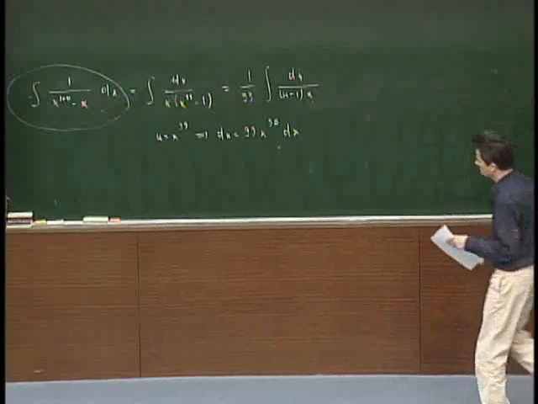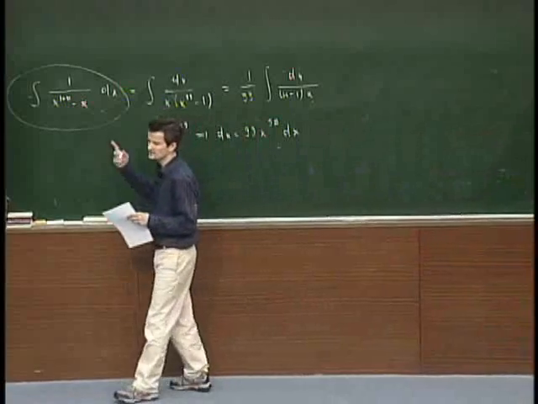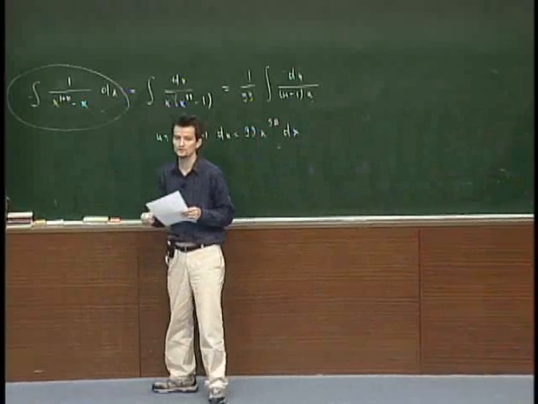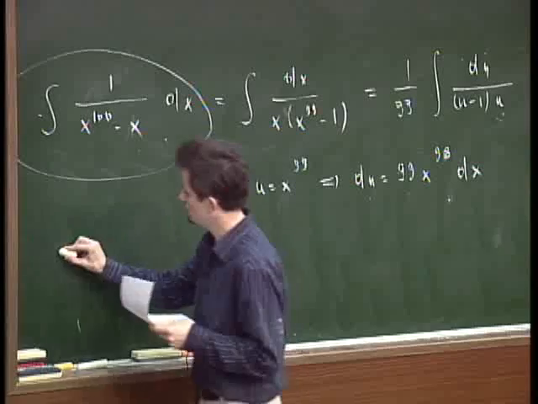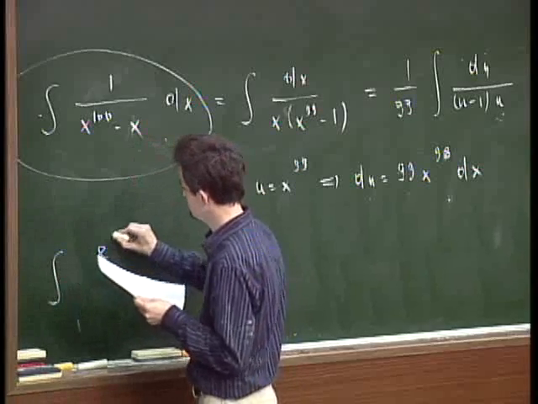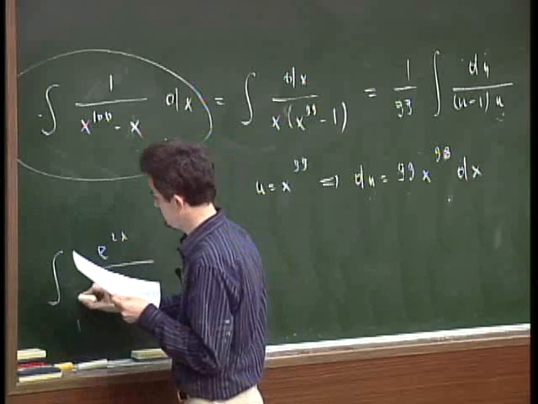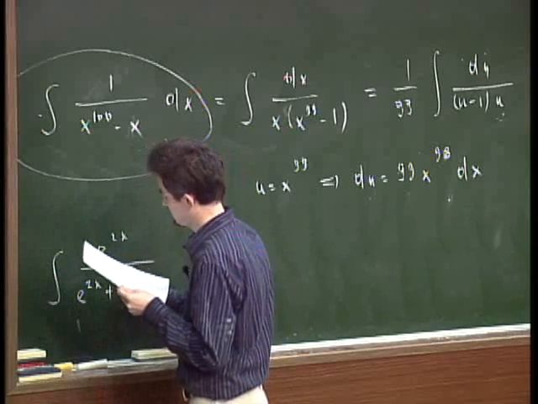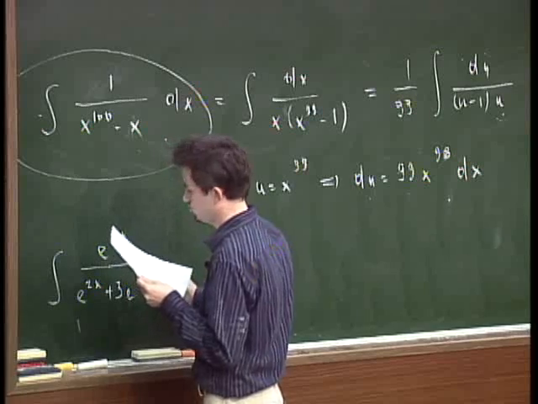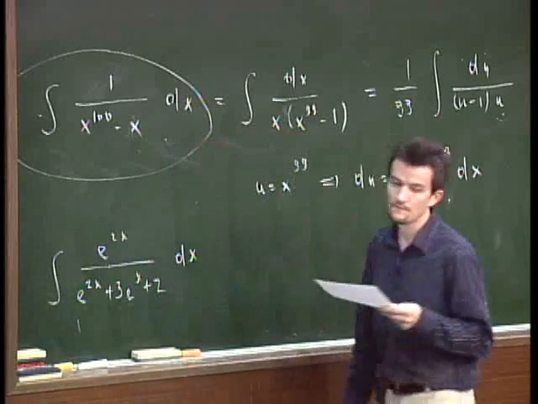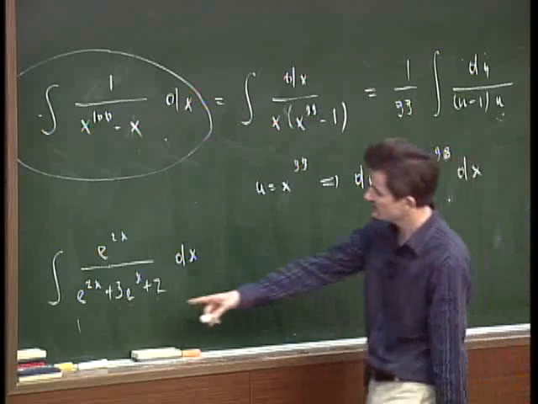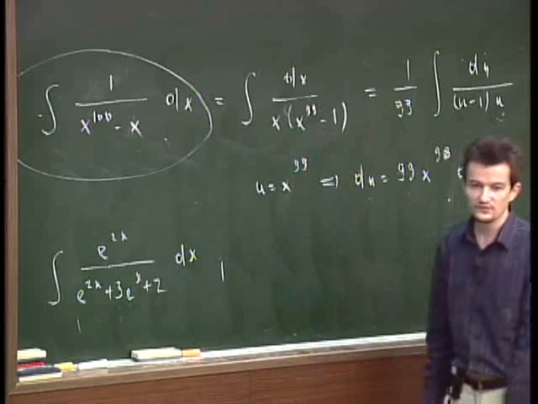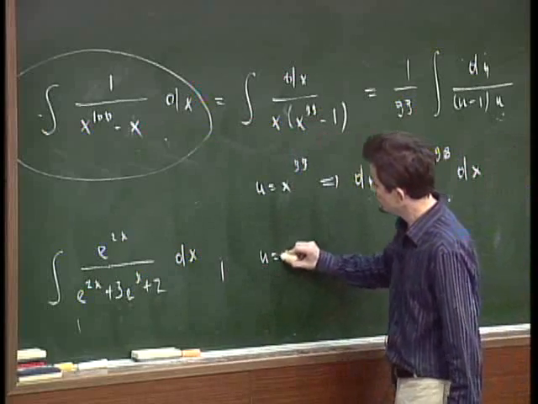For instance, quite often, if there are roots involved, you can find a substitution which makes the problem rational. Another typical example is this one. So e to the 2x over e to the 2x plus 3 e to the x plus 2 dx. Okay, so you see in this case, the obvious substitution is u is equal to e to the x.